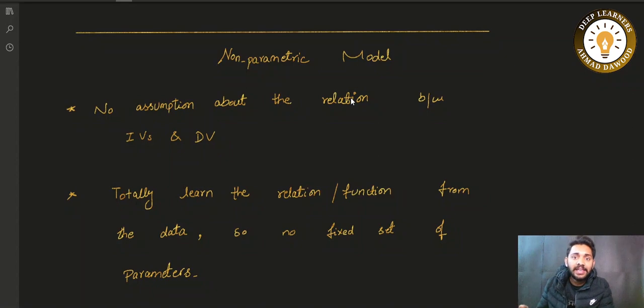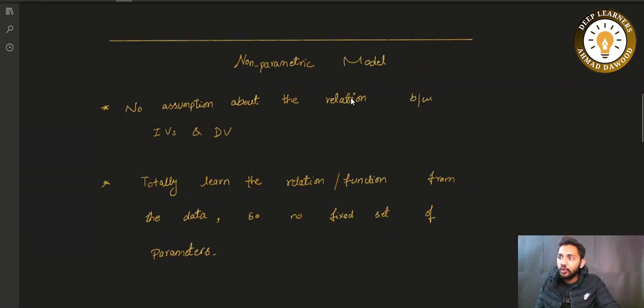That model will learn the pattern, learn the relation between input and output variables by itself. You are not restricting the model based on your assumption. You are saying I am just passing the data to my model, and the model has to learn what relation, what function exists between my input variables and output variables. So this is the basic underlying difference between non-parametric and parametric models.